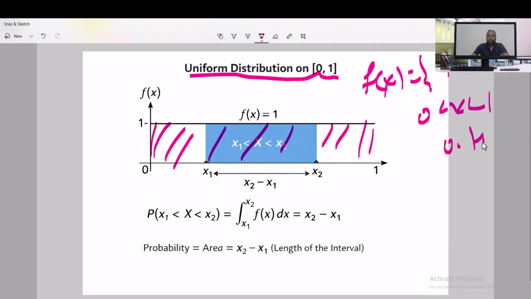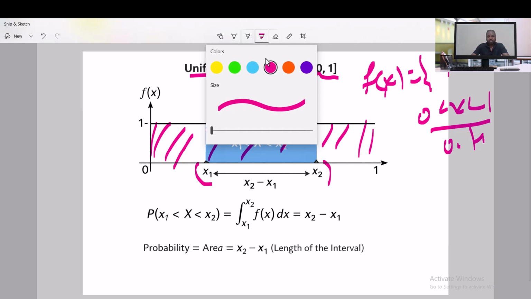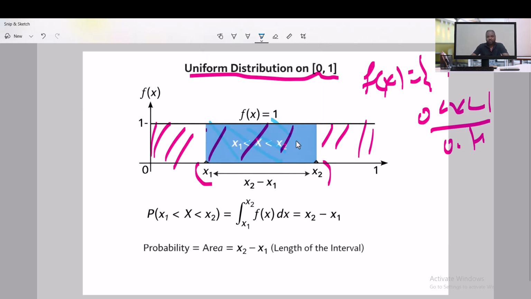But if we define another interval within this interval, for example, an interval x1, x2, the area covered by this interval is obtained by this, right, this area. Now this area is the probability of getting any value within this interval. It is this shaded area, which is obtained by this formula at the end of the day, x2 minus x1.